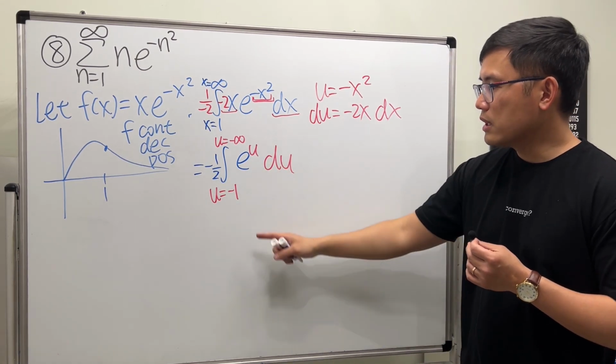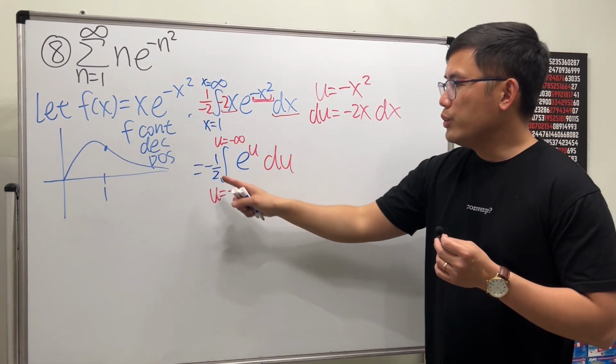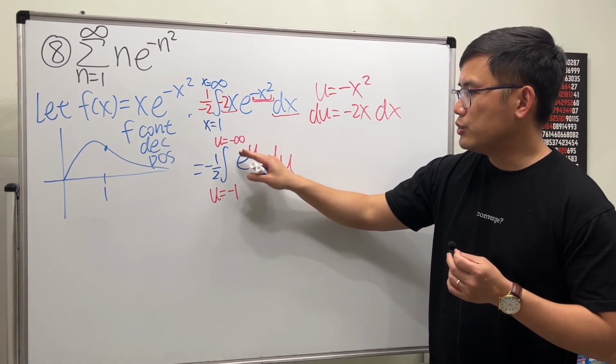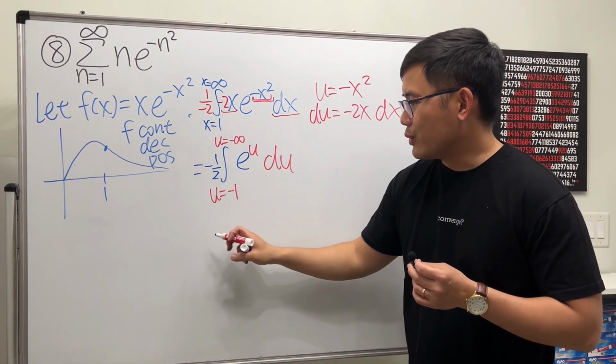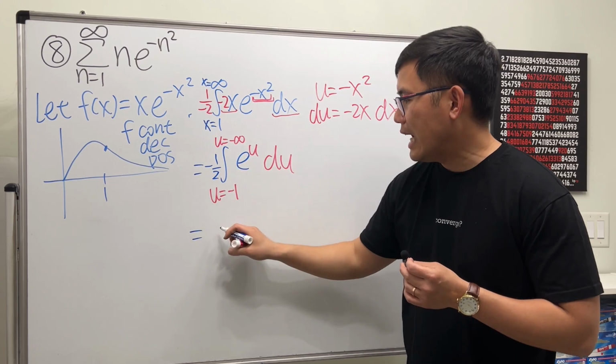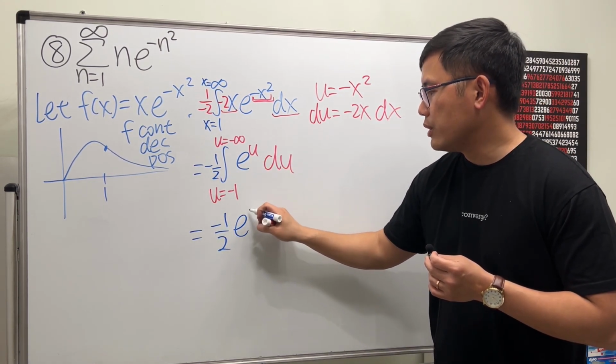In this case, once again, we see that this number is smaller than that, and yes, you can use the negative sign right here to switch this and that, but you don't really have to. So I'm just going to do it like this. I have the negative 1/2 right here. Integrating e to the u, we get e to the u.